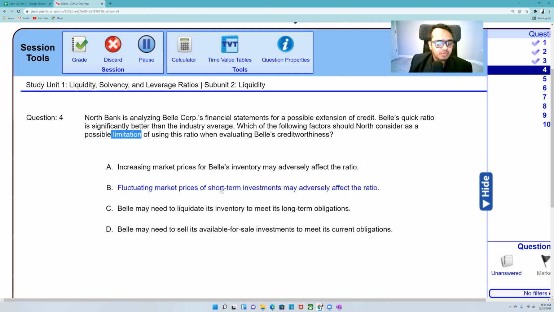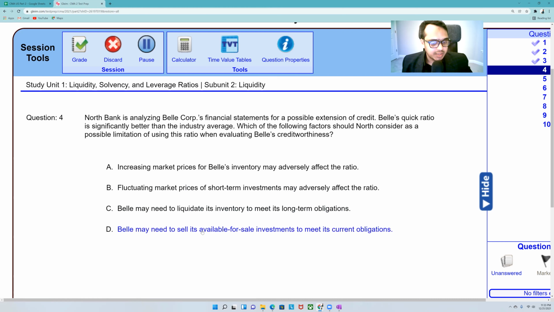Fluctuating market prices of short-term investments may adversely affect the ratio. Can be. Belle may need to liquidate its inventory to meet its long-term obligation. No. One second. Why should the statement say Belle may need to? Because I'm North Bank, and I have to evaluate it. So Belle has to do nothing, because I'm the third party evaluating whether I should extend credit or not. Why does Belle have to do anything?